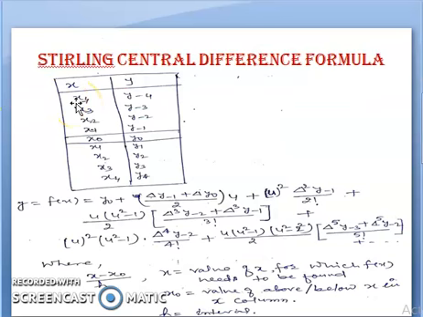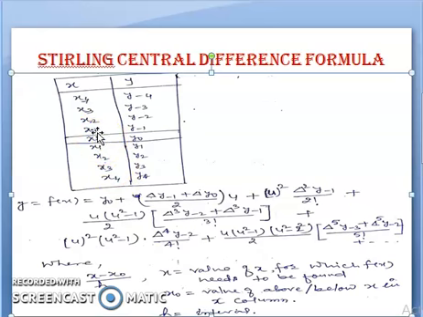This is the table format of the central difference formula. This is the x entry and this is the y entry. In the middle, this is x0 and y0. Below x0 are x1, x2, x3, x4, and above x0 are x of -1, x of -2, x of -3, x of -4.